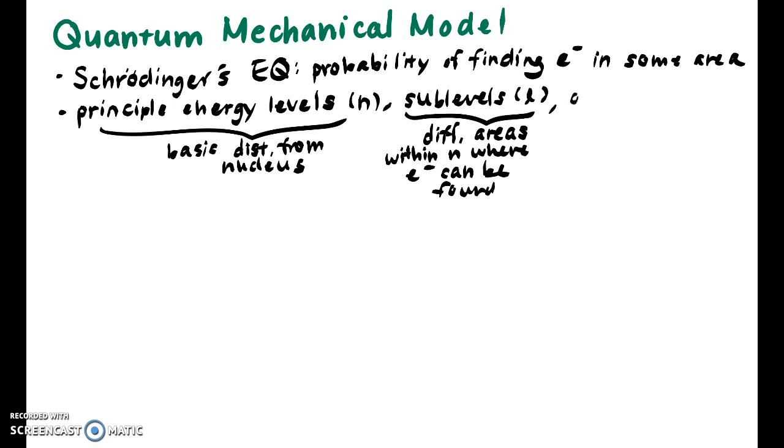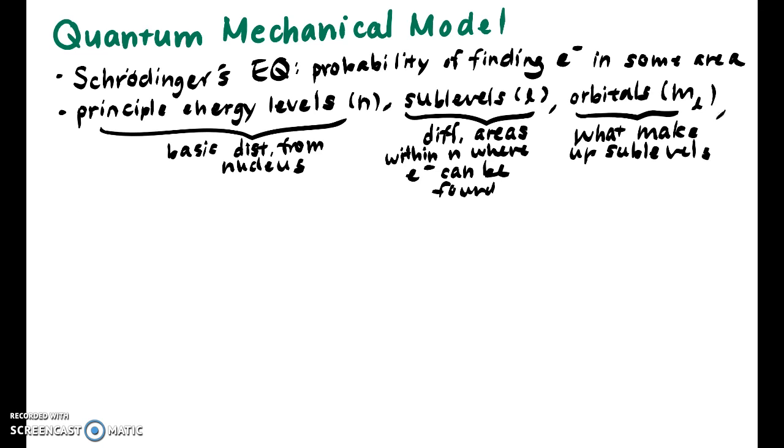And then we have orbitals denoted by m sub l, and orbitals are what make up sublevels.